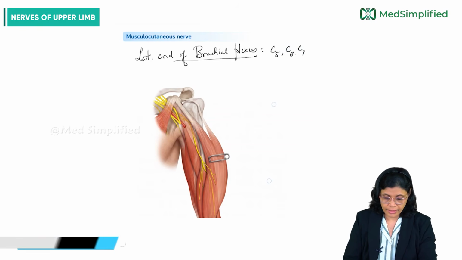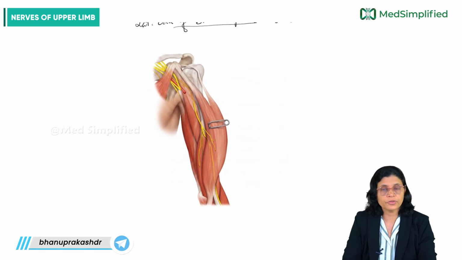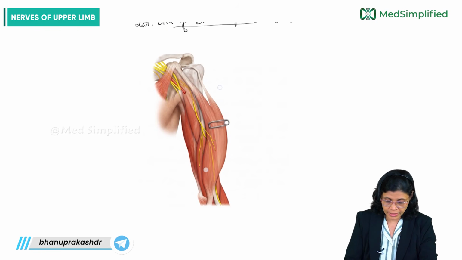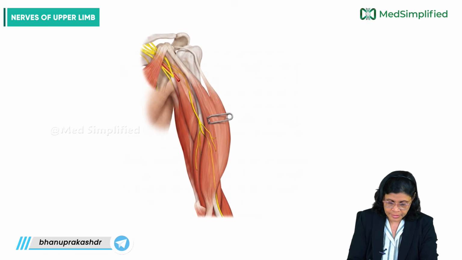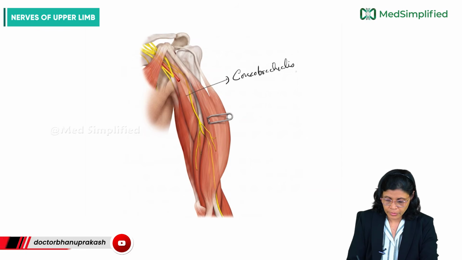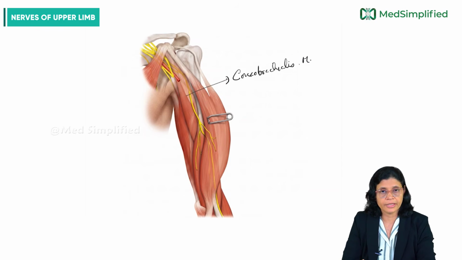After it emerges from the lateral cord, it pierces through the substance of the muscle, then runs between the biceps and the brachialis muscle.